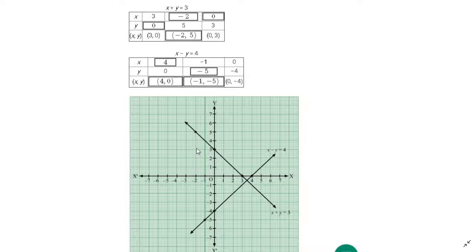So we will join them to find our point. x minus 2 to positive y, 5. So this is the point minus 2, 5. This is the second point we got, and this is the first point we got. If we join them, we can see the line x plus y is equal to 3 came up.